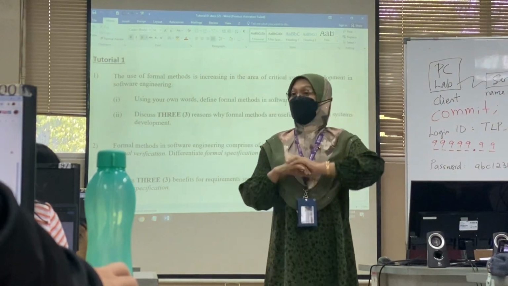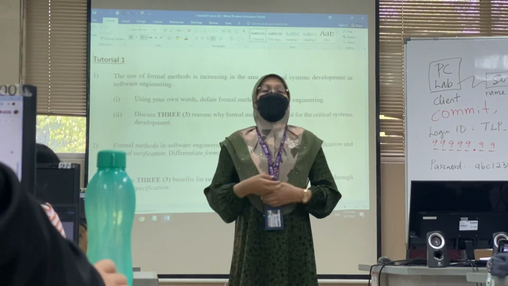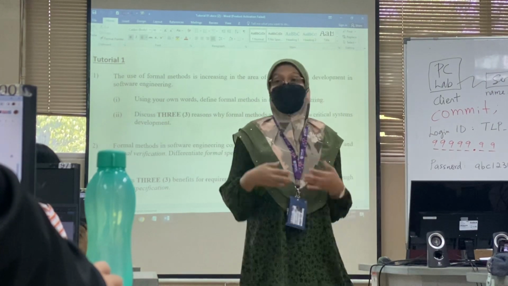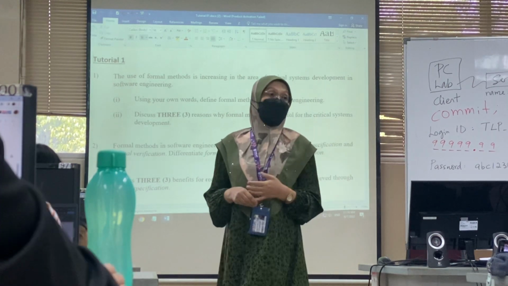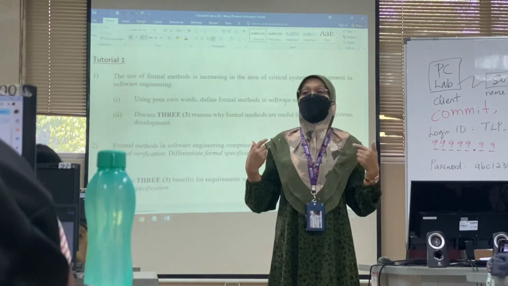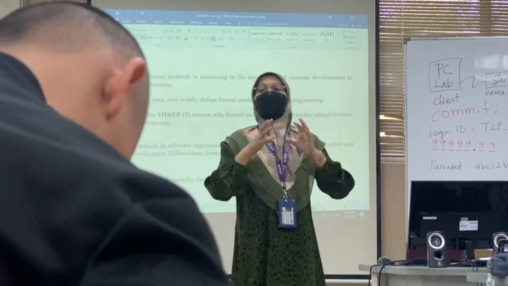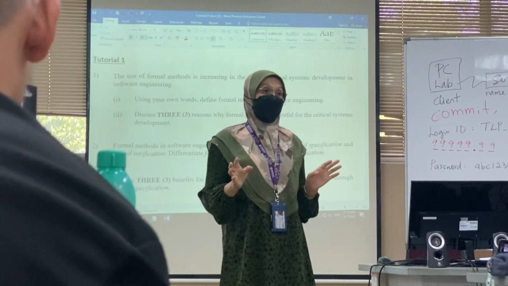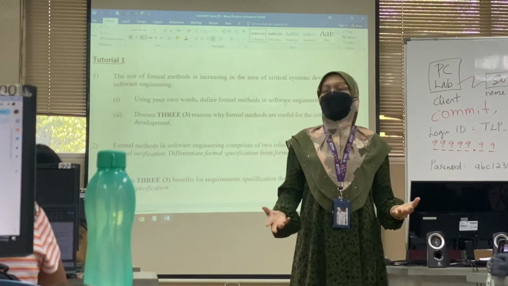Like what your friend said just now: formal specification, formal verification, and then how you translate whatever you want to do, you use mathematical notation. Our main purpose for formal method here is related to software engineering.